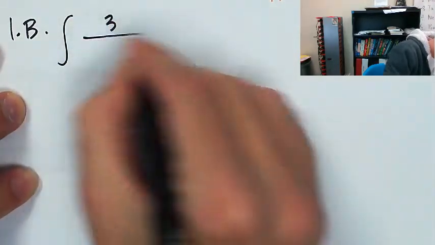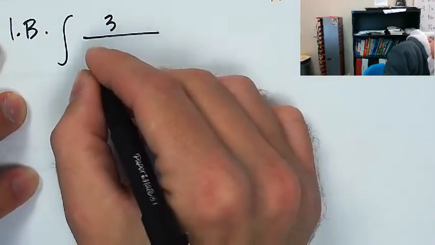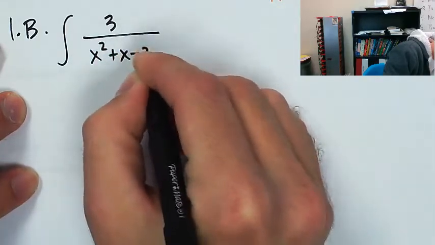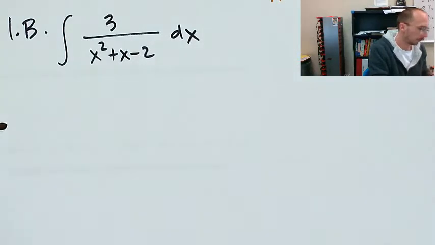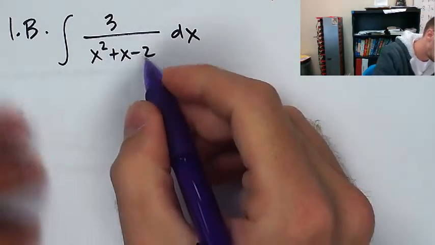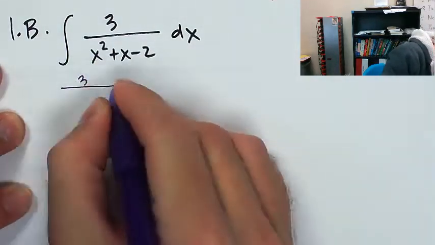Integral of 3 over x squared plus x minus 2. Okay, I'm looking at the denominator. I'm seeing that it's factorable. That's going to be x plus 2 times x minus 1.